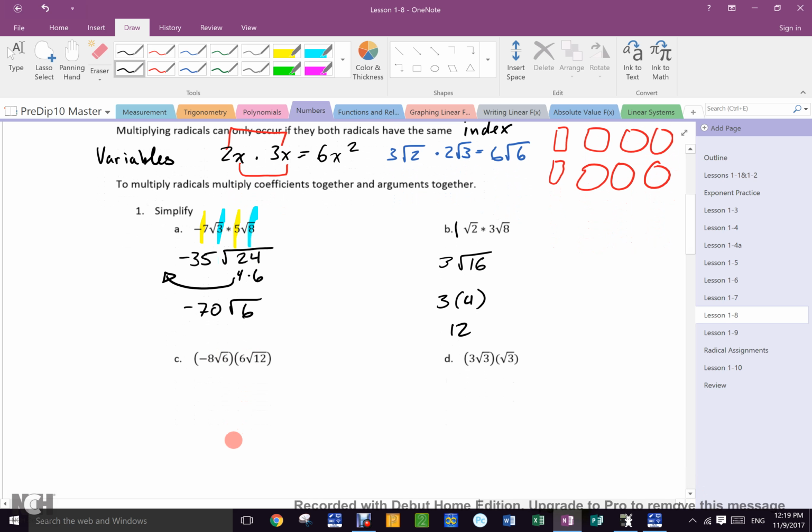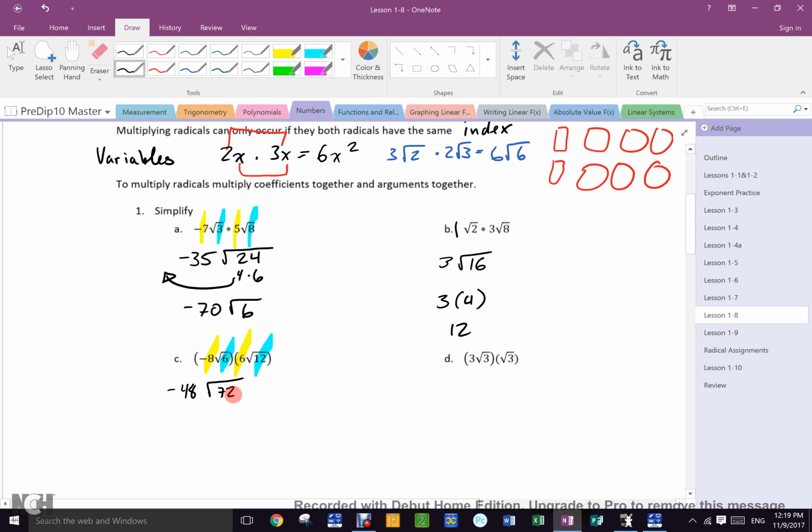Now, let's look at the next one. What's happening here? It's written differently. Are any of you going to give me that line of horse pucky that says it looks different, so I can't do it? Of course you're not, because you're not like that. What are we going to do with our coefficients here? Multiply them to get what? Negative 48. What am I going to do with my radicands? Multiply them to get what? 72.